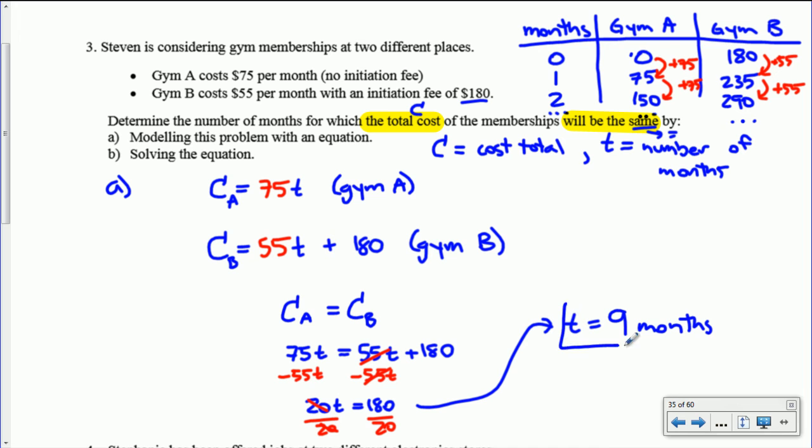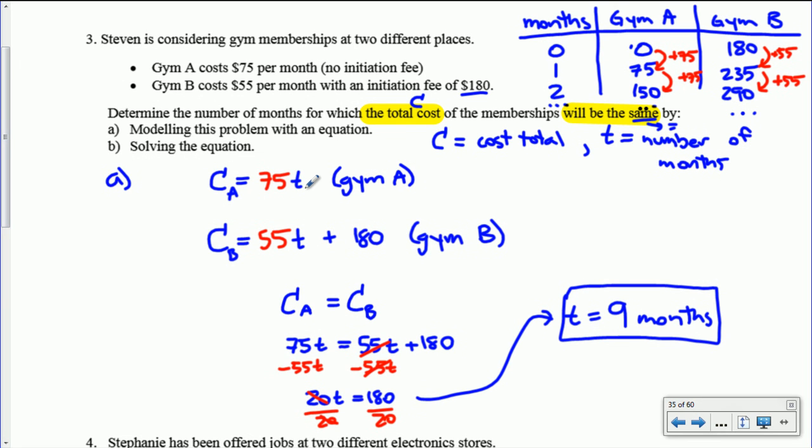So that's a thing that could inform you to sign up for one or the other in real life. So maybe you're looking at gyms, you're moving to a new place, and suppose you're only going to be there for 8 months. Then it would be better to stick with gym A because you don't have to do the startup costs.